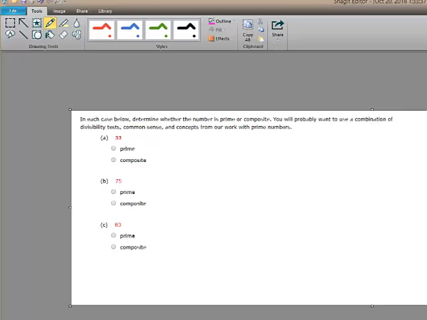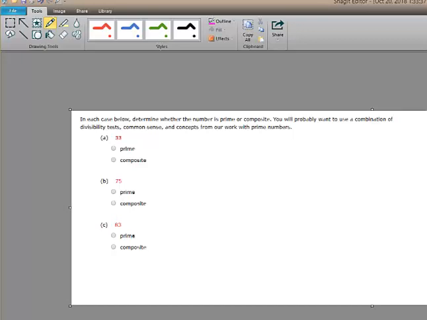I look to see if any 3's will go into this. 5 plus 3 is 8, so no form of a 3, a 3, 6, or 9 will go into it. I know a 2 won't go into it. I know a 5 won't go into it because the last digit isn't a 5 or a 0. It's not an even number.